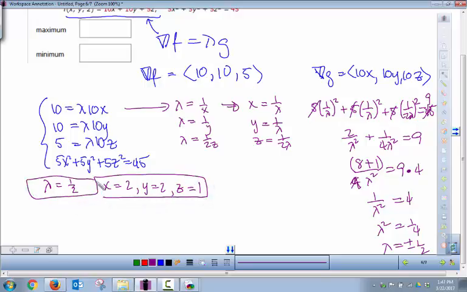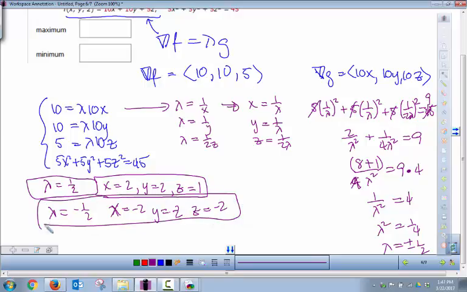I suppose we can include lambda here too. So this is one set of solutions. Let's assume that it's negative. You get x is equal to -2, y is equal to -2, z is equal to -2. Here's another set of solutions.